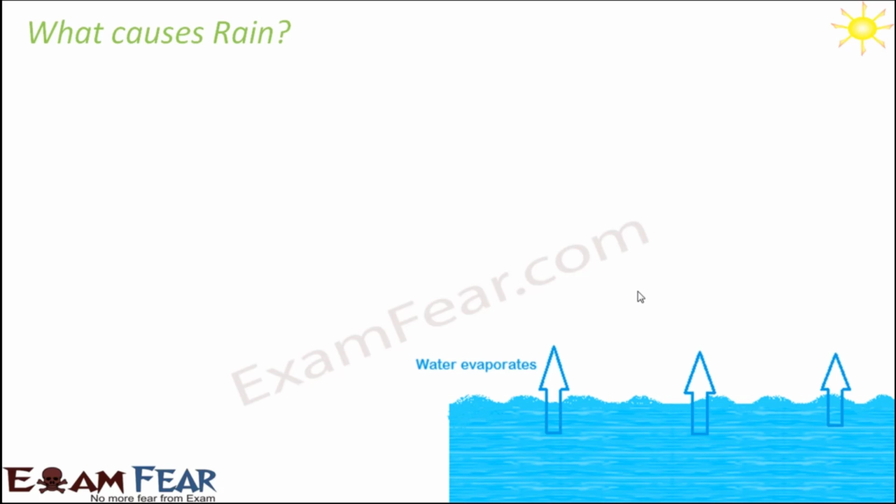Now what happens when the water gets converted into water vapor? When the water is getting heated, the layer of air exactly above this water body is also getting heated. Now when the air gets heated, what happens? That hot air rises up, because as we know, hot air is less dense, and anything which is less dense will rise up.